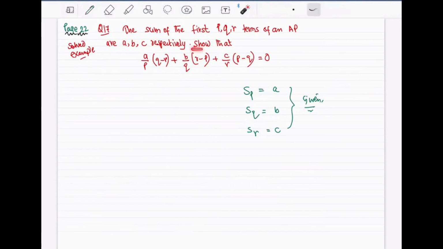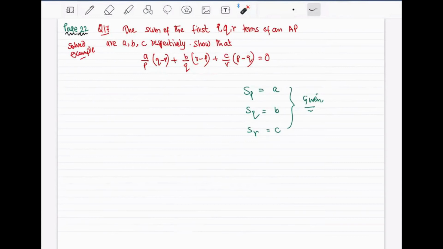Question 1 is to show what? Show that a by p whole bracket q minus r, b by q whole bracket r minus p, c by r whole bracket p minus q is equal to 0. Okay, so a by p, b by q, c by r, you can obtain from these 3 equations. After that, multiply each term by q minus r, r minus p, p minus q, and then add them.